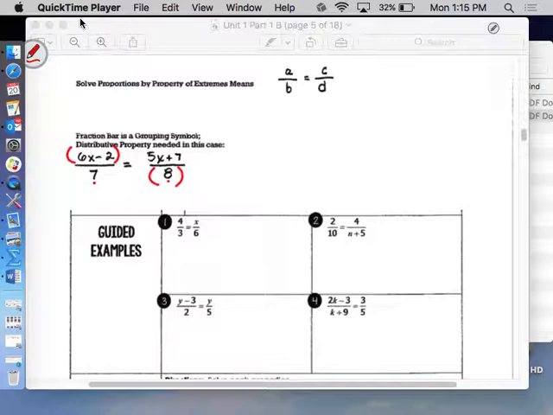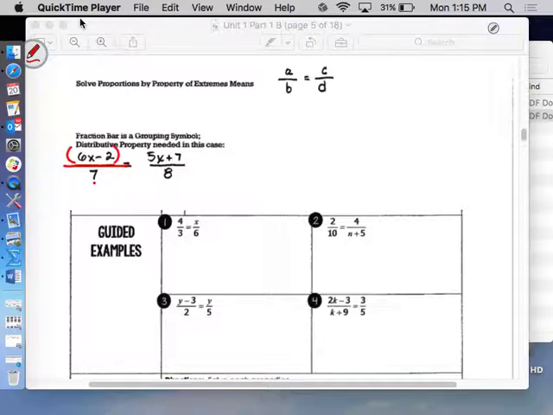Notice that I put parentheses around this numerator. I really did not need to do it for the denominator. But the fraction bar acts as a grouping symbol, meaning that when I multiply and take these fractions apart, 6x minus 2 needs to remain glued together until I get to a point where I can undo it.